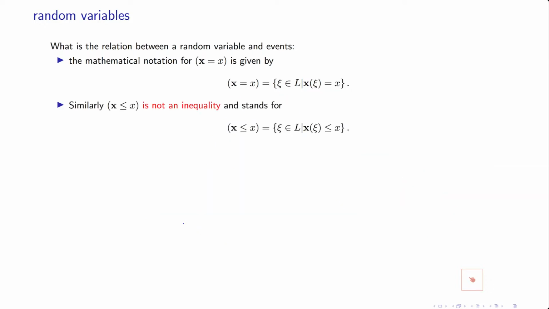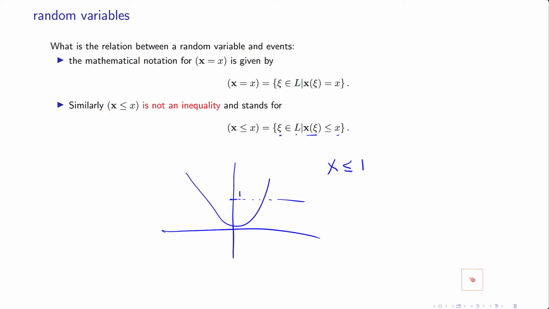Similarly, x smaller than or equal to x is not an inequality. It stands for all members c of L such that x of c is smaller than or equal to x. For instance, if x of c is equal to c squared, and if I say x is smaller than or equal to, let's say 1, I draw a line and see which members of L satisfy this.